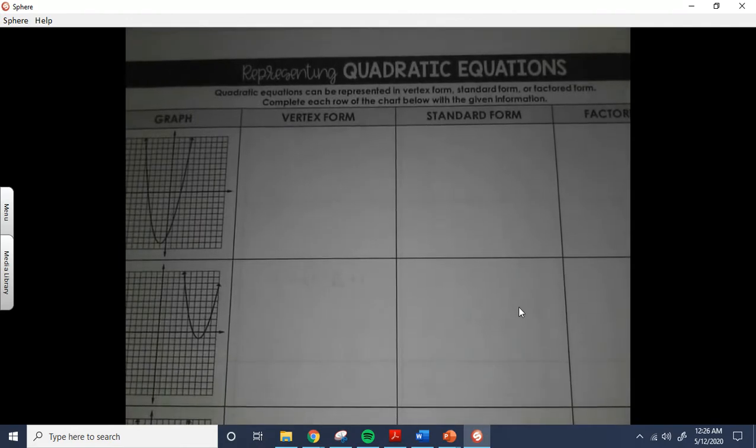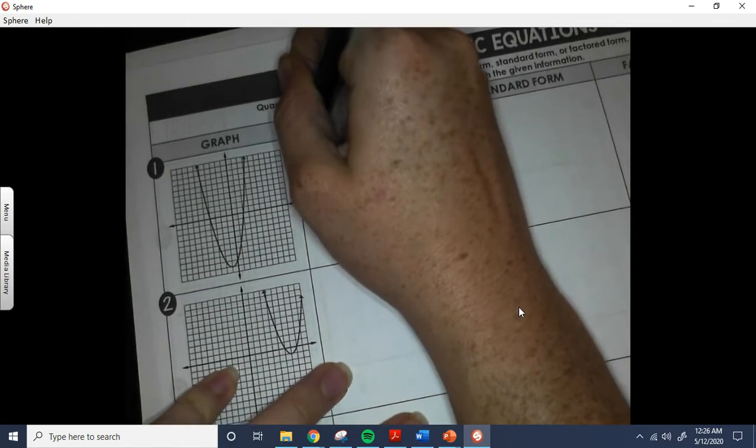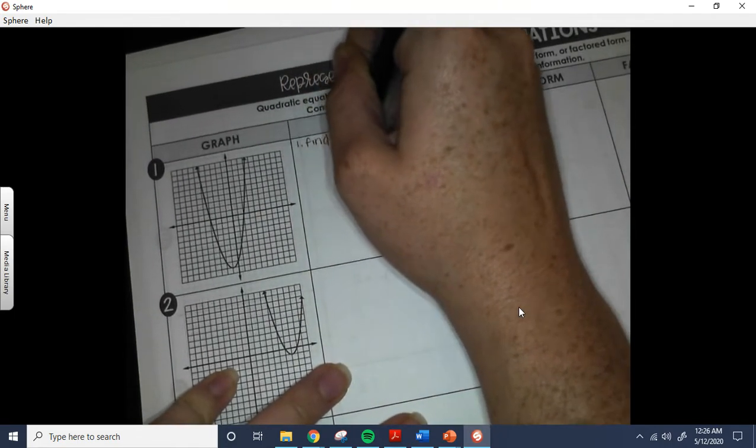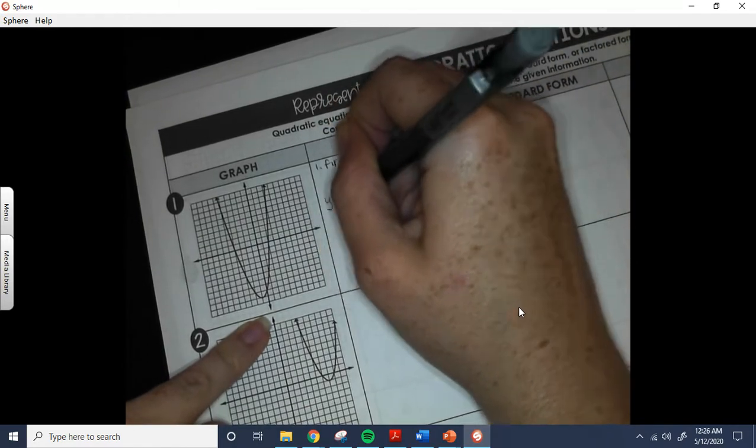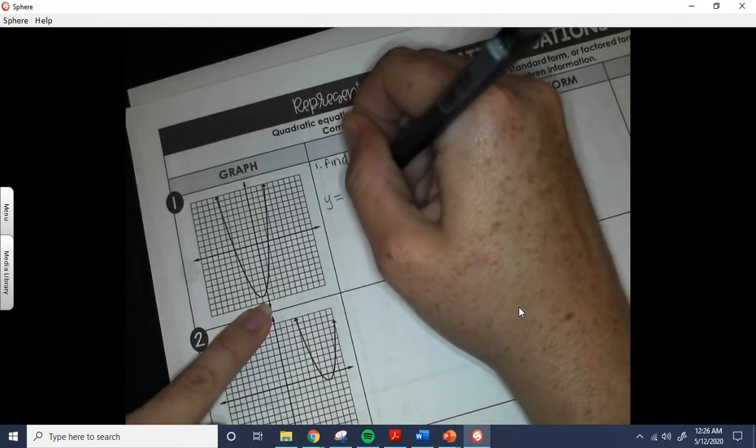So with number one, the first important piece of information you need to find is the vertex, as we did in our videos before. The vertex for this problem is -1, -9. We're going to put it in vertex form, which would be y equals, we don't know if there's an a, so we're going to do a times x.